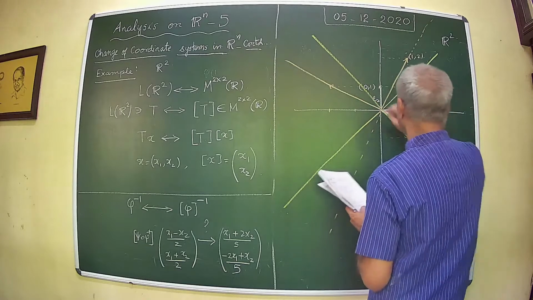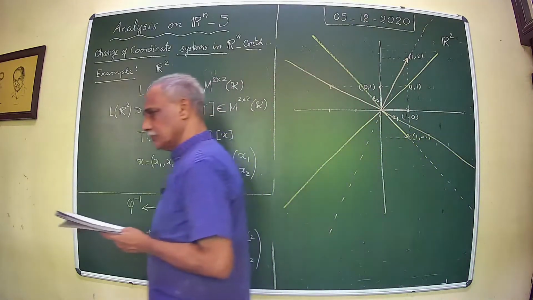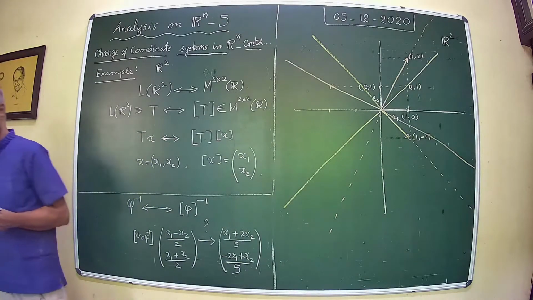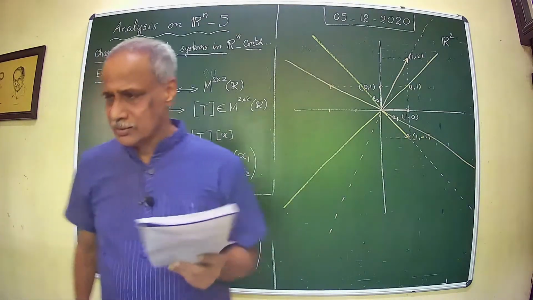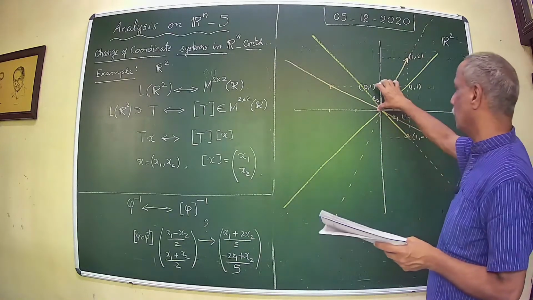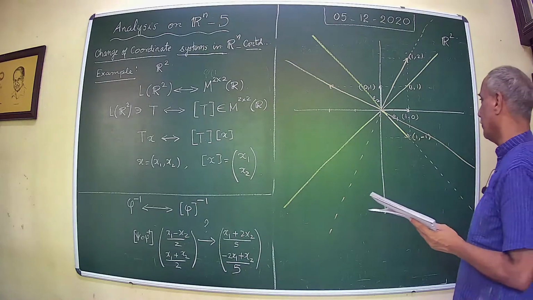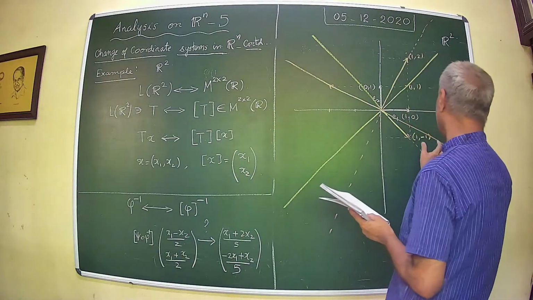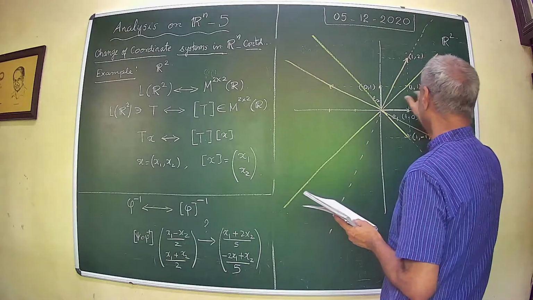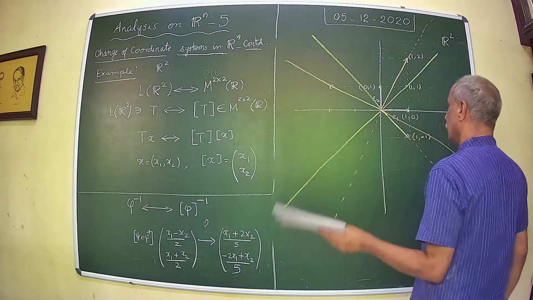Incidentally, I have chosen all these coordinate systems as orthogonal coordinate systems, but that is not necessary. Okay. The important factor is that 1 0 and 0 1 is a linearly independent set of vectors. So also the pair 1 minus 1 and 1 1 is a pair of linearly independent vectors.